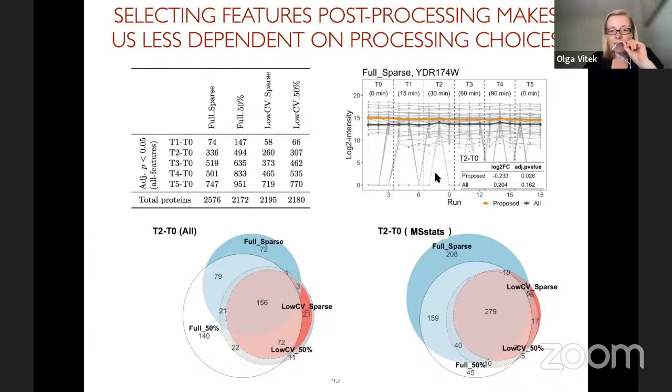And we see that now with this extra cleanup, the intersection between different methods is much larger. Meaning with this cleanup, it doesn't matter as much how you choose these processing parameters, you will have a high agreement. It's still not the same, data processing still matters, but at least we have less dependency on the subjective choices of data processing upstream.